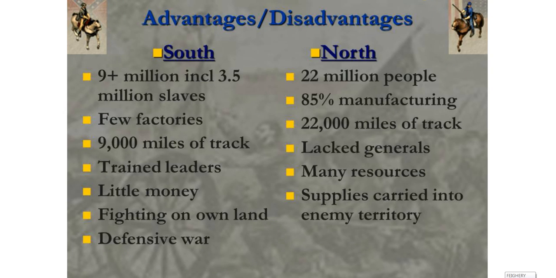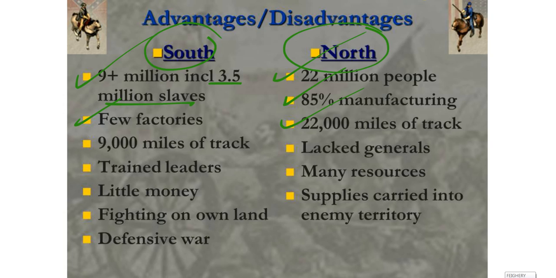The advantages and disadvantages of the North and South are very plain to see. The North had 22 million people, as opposed to the South only having 9 million, and 3.5 million of them were slaves. The North was 85% manufacturing, while the South had very few factories.